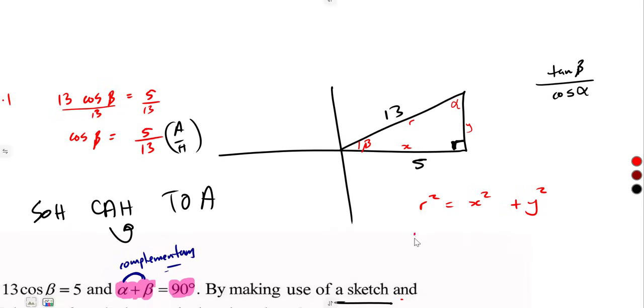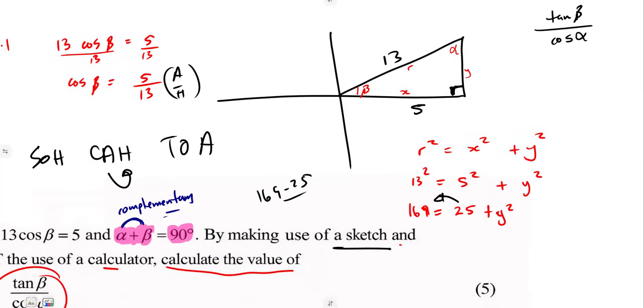So our r is 13, 13 squared. Our x is 5, 5 squared. The y value is the one that we do not have. 13 squared is 169. 5 squared is 25 plus y squared. So let us take the 25 to the other side of the equation. So it's going to be 169 minus 25, which is 144. So it was going to give us 144, which is equal to y squared.